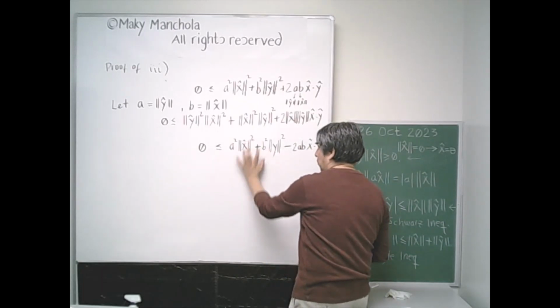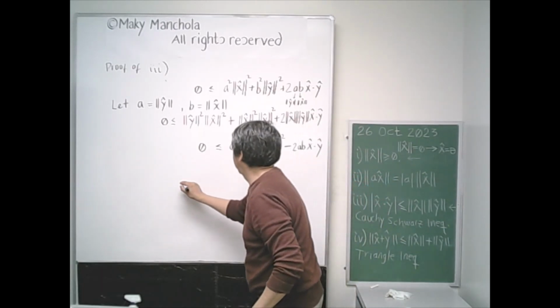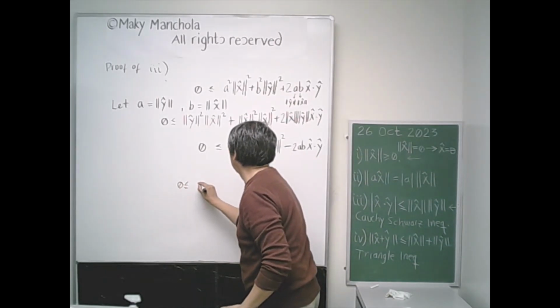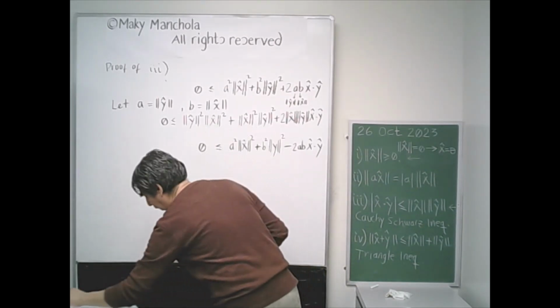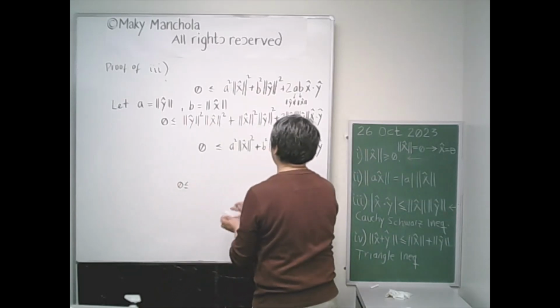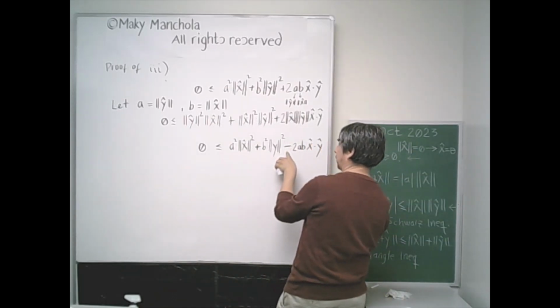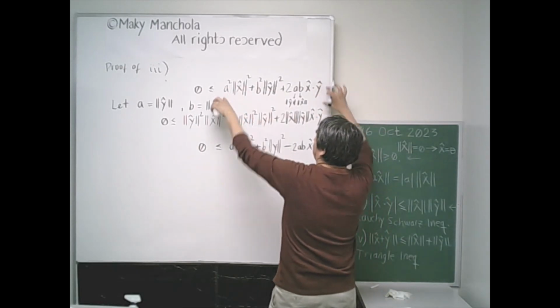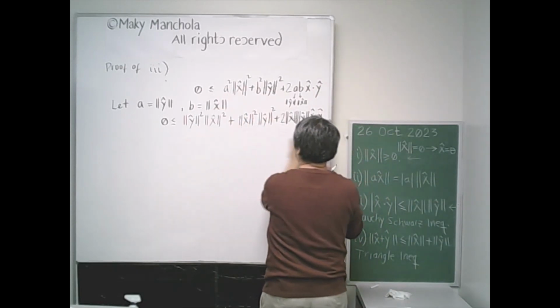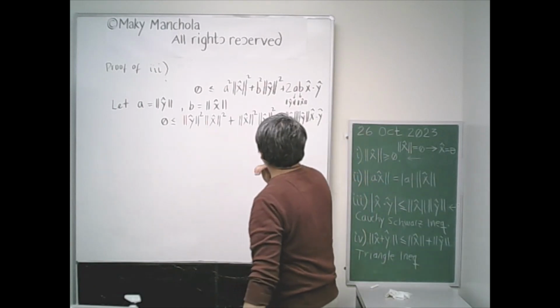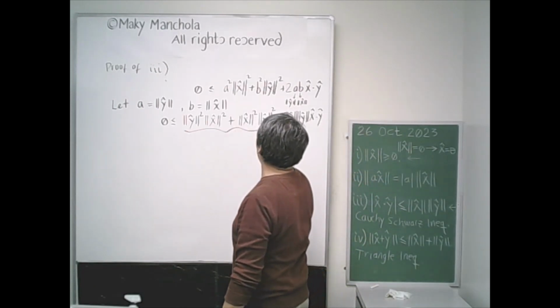Okay. Let me move this a little bit down. So 0 less than or equal to. I'll write it afterwards. Right now, let me erase it. I won't forget that there is a minus here instead of a plus. But it's pretty much what you see in there, but with a minus. Okay. This became two of the same, right?